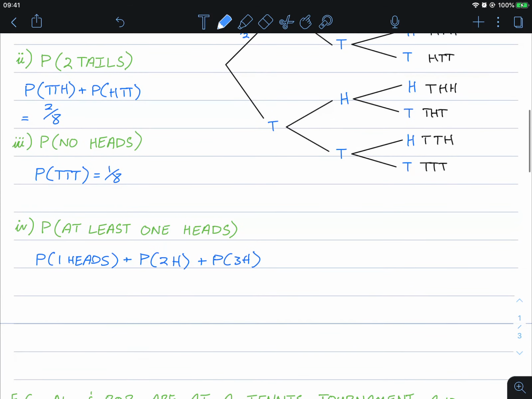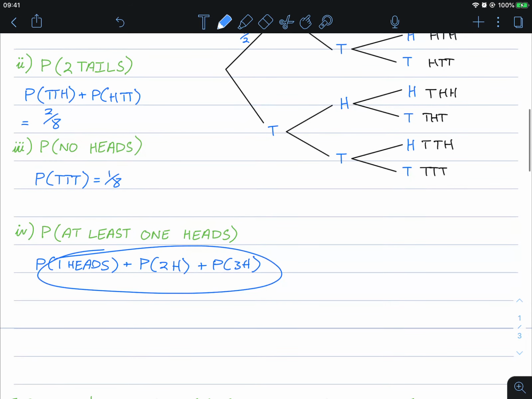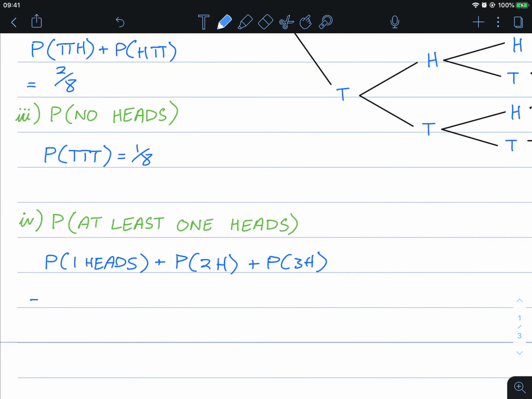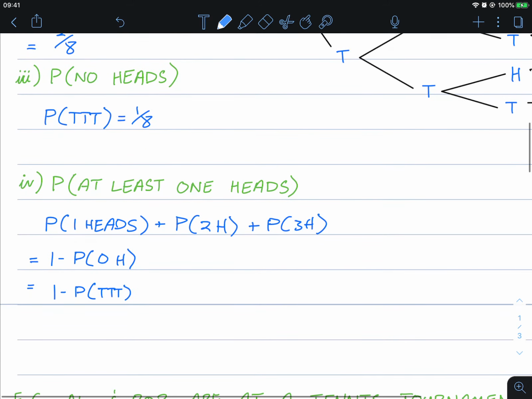So really, the only thing that we don't need to count is no heads. So this is actually the same as 1 minus the probability of 0 heads, so 0H, or 1 minus probability of 3 tails, which is what we've already calculated. That's 1 minus 1 in 8, which gives us 7 in 8.